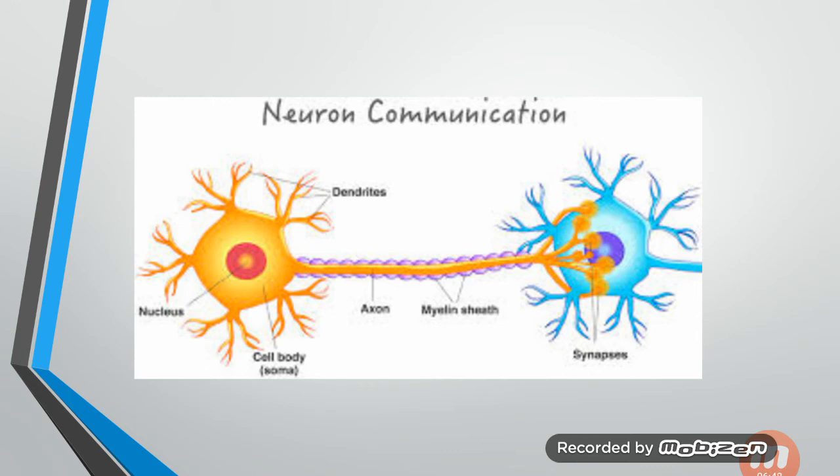In this diagram you can see the diagrammatic representation of a synapse, in which the axon endings of one neuron have formed a synapse or a junction with the dendrites of the other neuron. The axon endings are of the transmitting neuron, whereas the dendrites are of the receiving neuron.